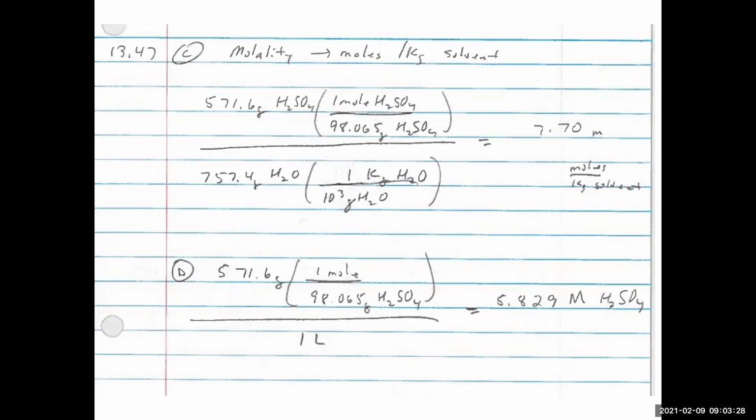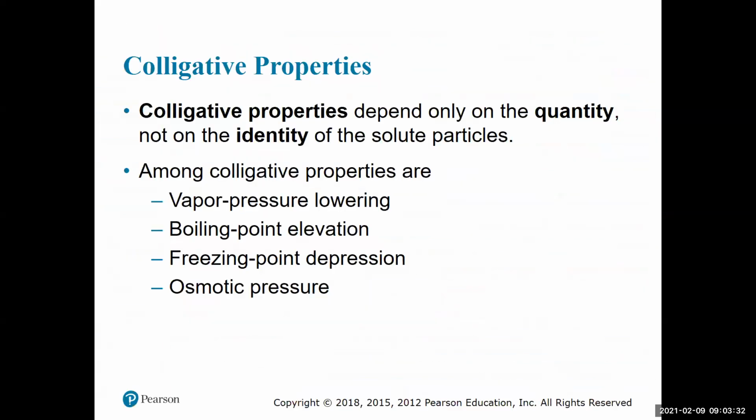So if there aren't any questions about that stuff, I'm going to move on to colligative properties. The fact that we had some snow today and you see people putting salt out ties in well to colligative properties, because one of the colligative properties is freezing point depression.